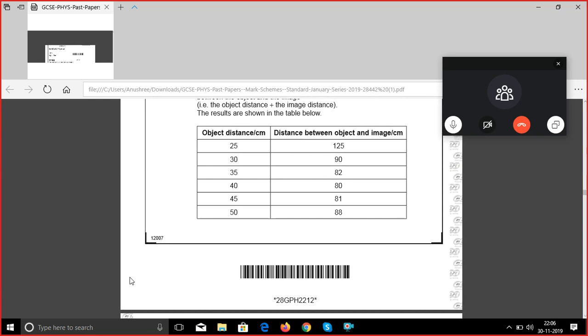We've got the y-axis already plotted, the distance between object and image, and the x-axis is object distance. So it goes from 25 to 50, and there are 6 spaces.